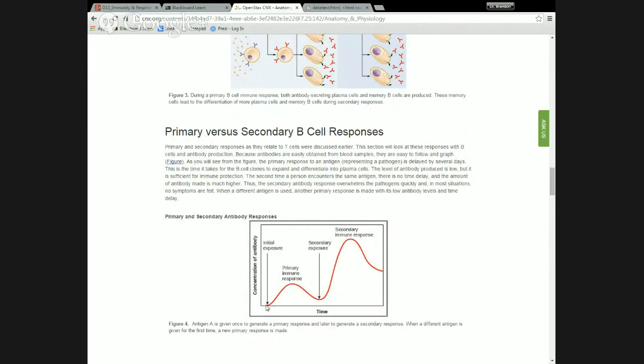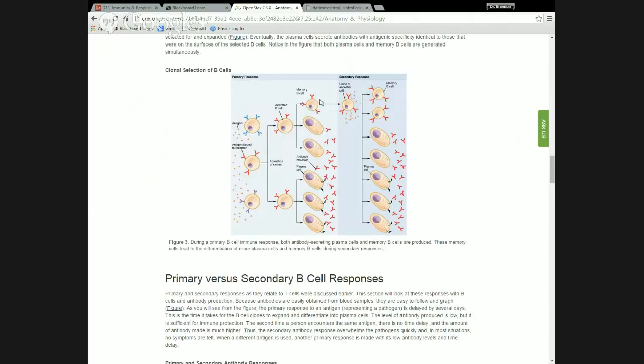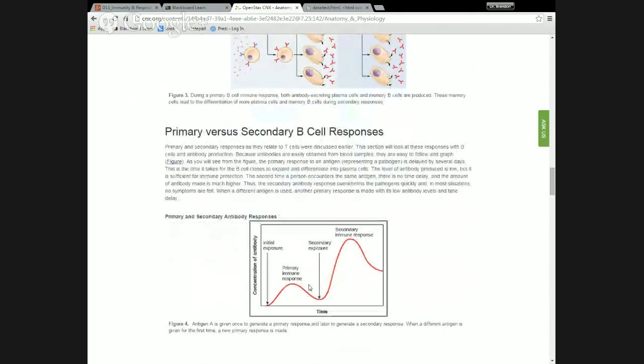And so from when you're initially exposed to something like chickenpox virus, you develop a response to that, which will help fight off that initial infection. It's not a very robust response, and you're going to experience the symptoms of chickenpox until the immune system finally fights it off. But the memory cells that are generated in that initial activation of the B cells, or the T cells have memory cells too, are going to be available.